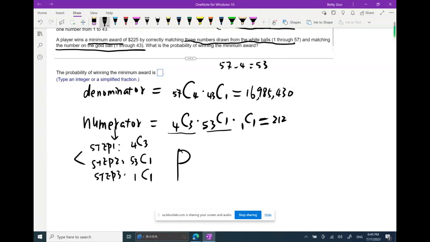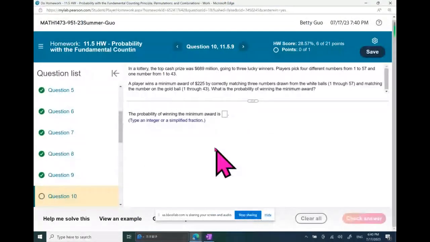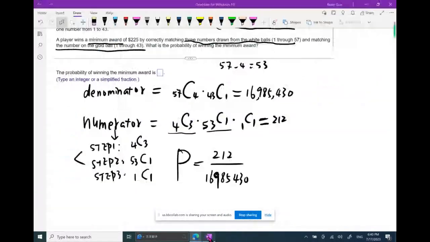So the probability has 212 in the numerator and 16,985,430 in the denominator. I would want you to use a calculator to simplify this fraction, because the number is very large.